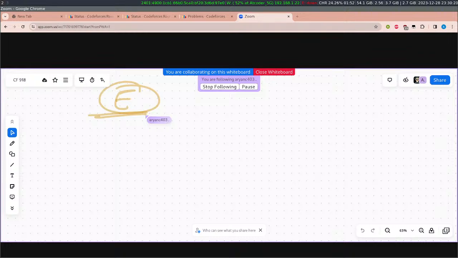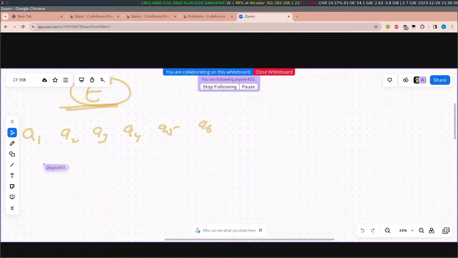What's given to us is that A1, A2, A3, A4, A5, let's say A6, and this is the given array. And let's say the subarray which they choose for drinking is this.